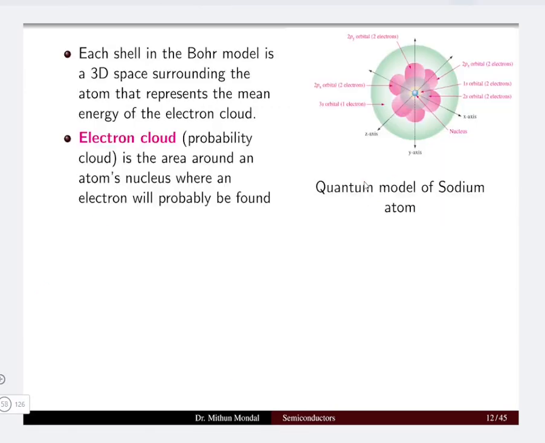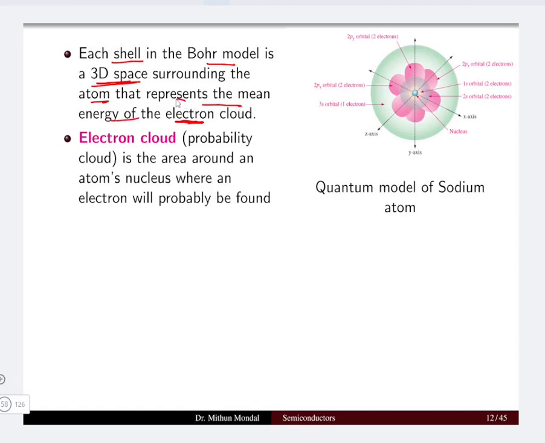Now, the shell of the Bohr model is represented as 3D space surrounding the atom, representing the mean energy of the electron cloud.